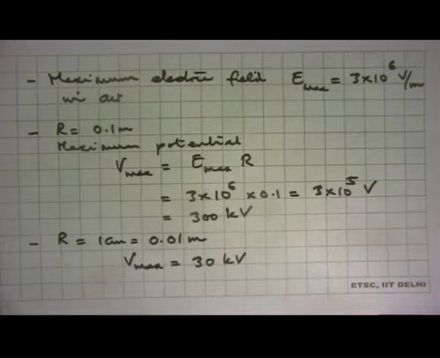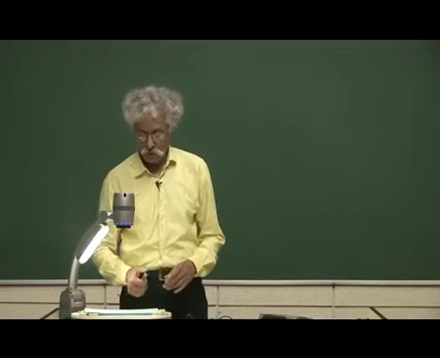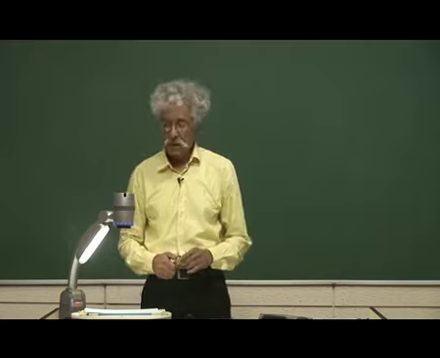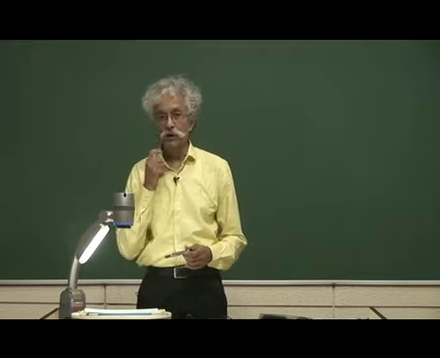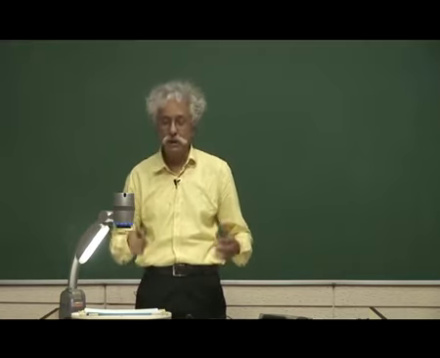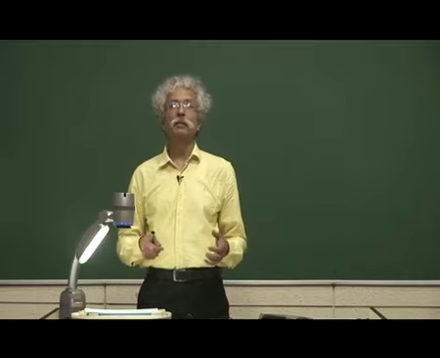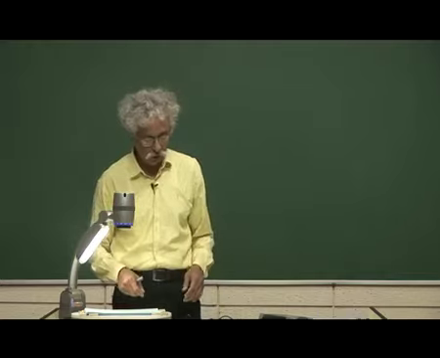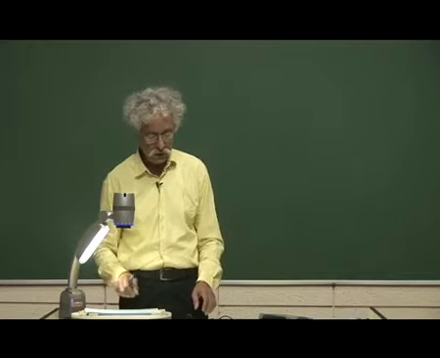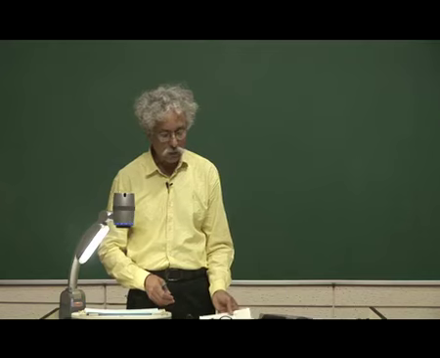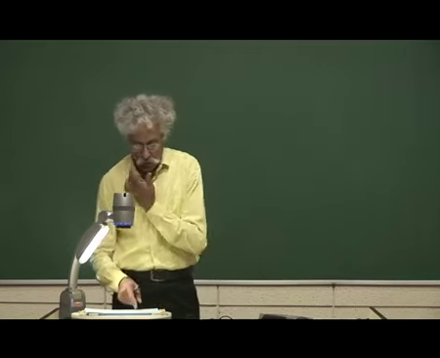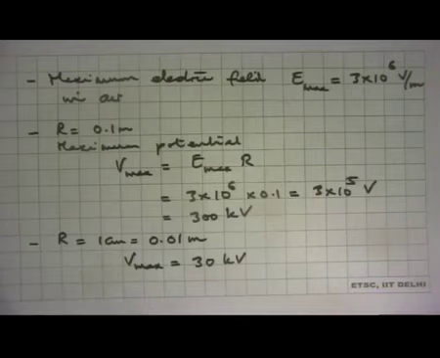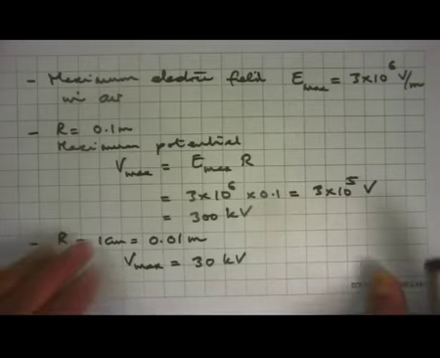So, you cannot have a conducting sphere of radius 1 centimeter and raise it to a potential greater than 30 kilovolts, because if you try to increase the potential by charging more, the electric field becomes so intense that there will be a spark in air and the charges will get out from this spherical conductor. So, there is an upper limit to how much charge you can put on the conductor. You can from here calculate for this radius what is the maximum charge that you can put on the spherical conductor.